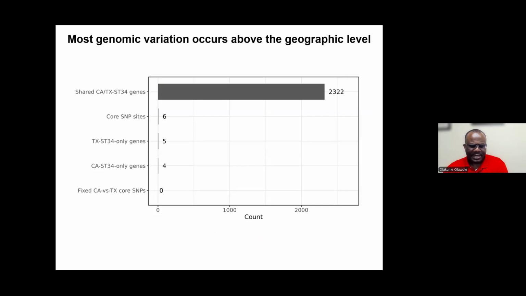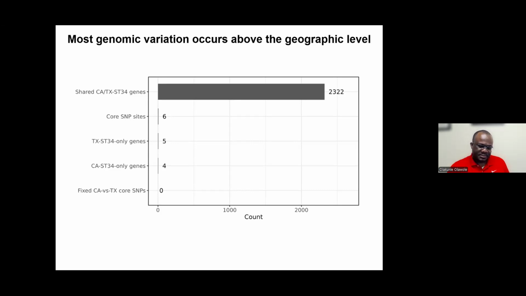So to wrap this up, what we found was that the largest component of the variation is the shared ancestry genome within the ST34, and also that region-specific genes represent just a really tiny fraction of the total genomic content. So geographic origin alone explains very little of the genomic variation that we observed within the ST34.